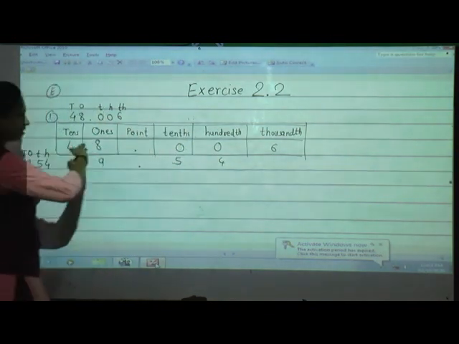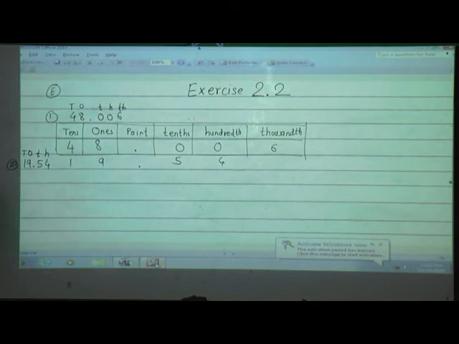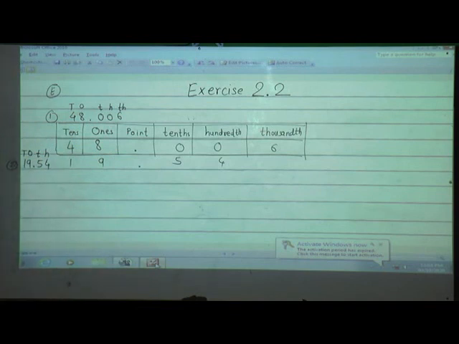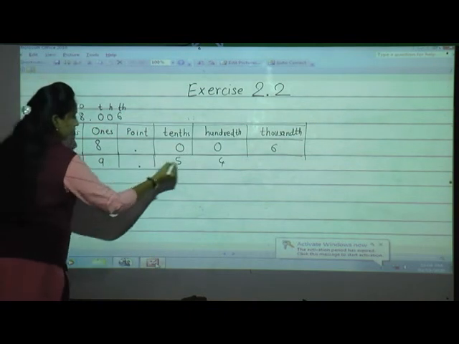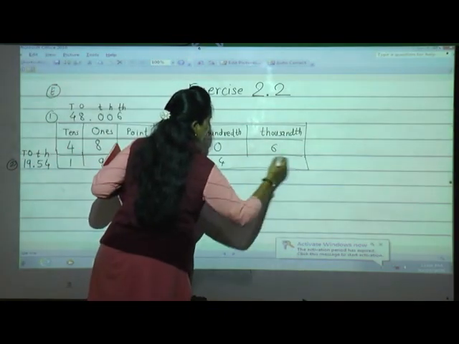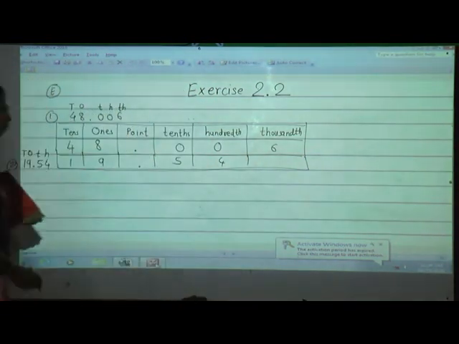You can make separate place value chart, or else write all 4 numbers here and make together chart. Okay, as you wish. Which you like to do, you can do it.